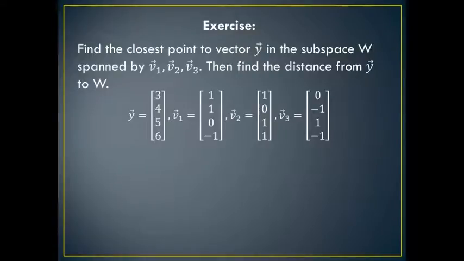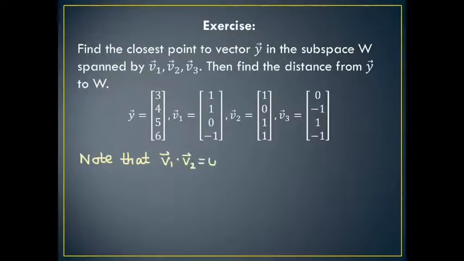Here's our exercise. Find the closest point to vector y in the subspace W spanned by v1, v2, and v3. Then find the distance from y to W. So here's our vectors. Our vectors are actually sitting in R4 in this problem because they each have 4 entries.